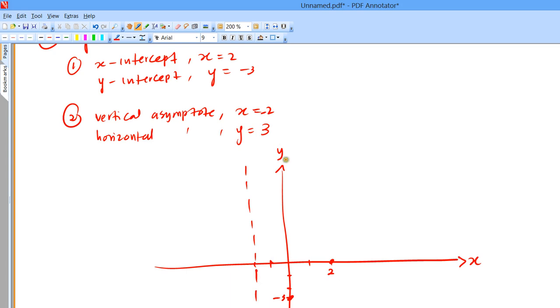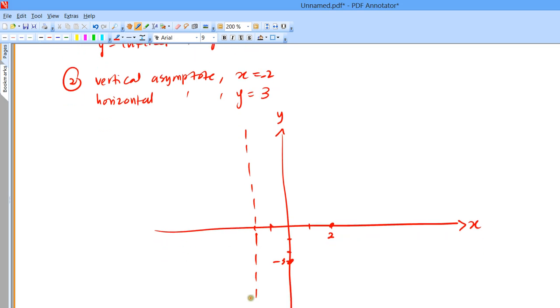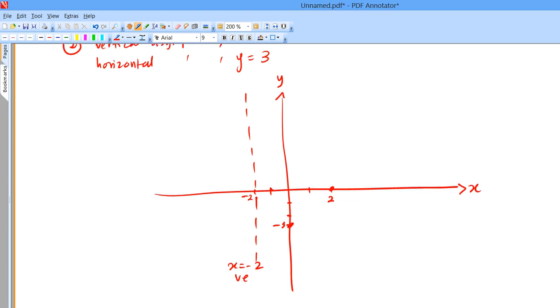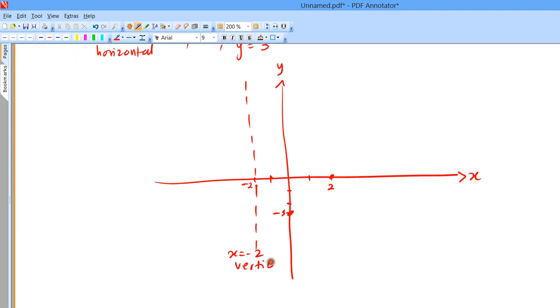Before this, for the original function, we had vertical asymptote x equal to 0, meaning the y-axis. This is negative 2, so x equal to negative 2 is the vertical asymptote. And then y equal to 3 is our new horizontal asymptote.